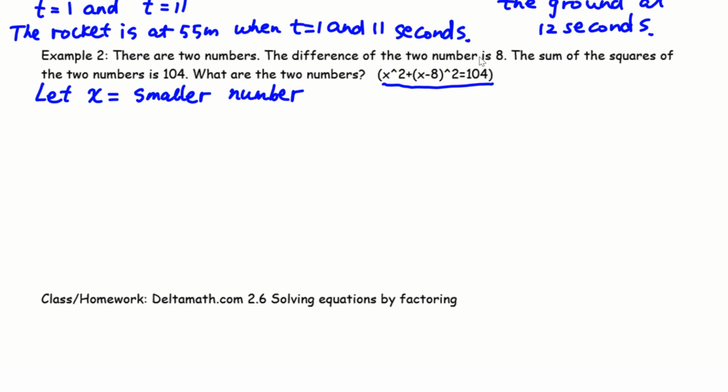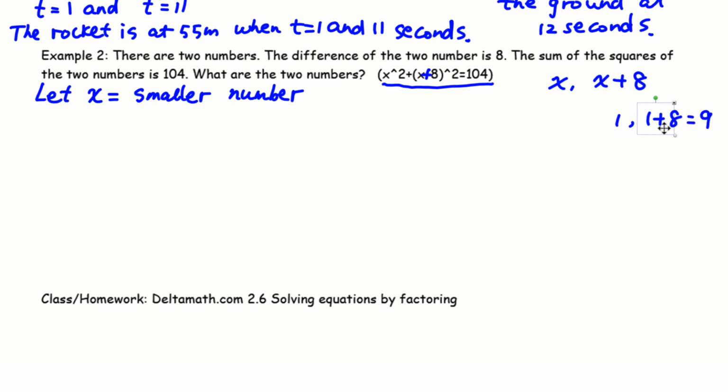Then the difference of the two numbers is 8, so it will be plus 8. Or this one equals the larger number. So x, the difference is 8, so the other number will be plus 8. For example, if the smaller number is 1, then the difference of the two numbers is 8, the other number will be 1 plus 8 equals 9.